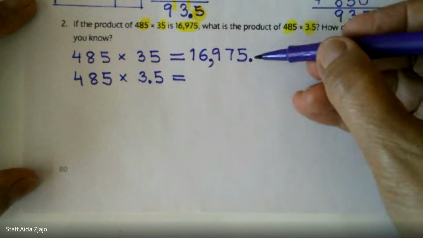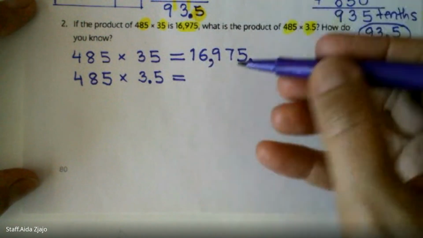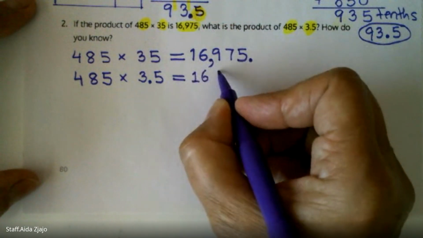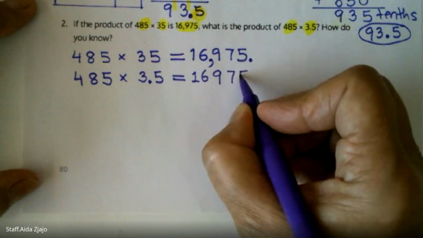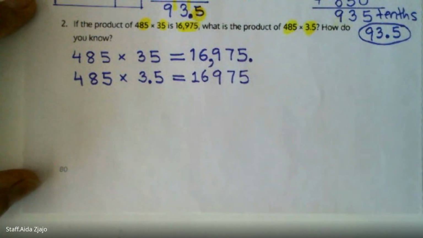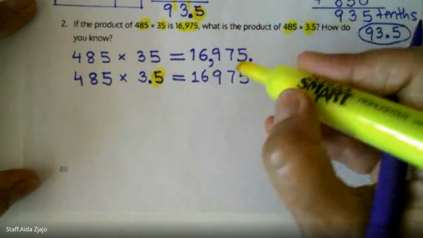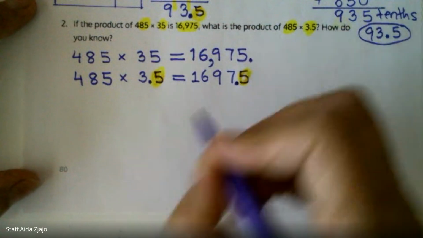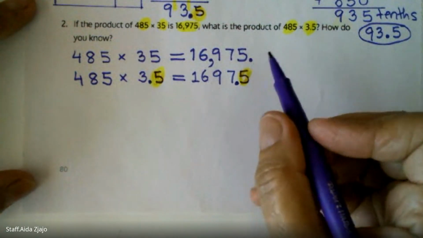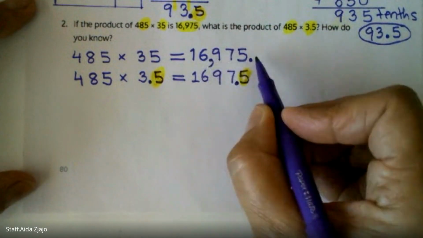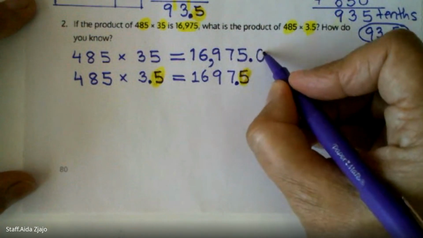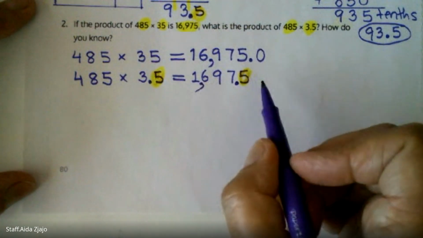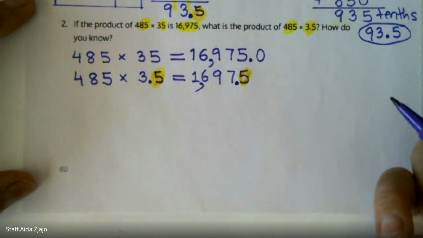Most kids don't understand that. Because I divide, the number is going to get smaller. The digits will be the same, 1, 6, 9, 7, 5, but now the number needs to show tenths. So this is 16,975 and 0 tenths, and this is 1,697 and 5 tenths.